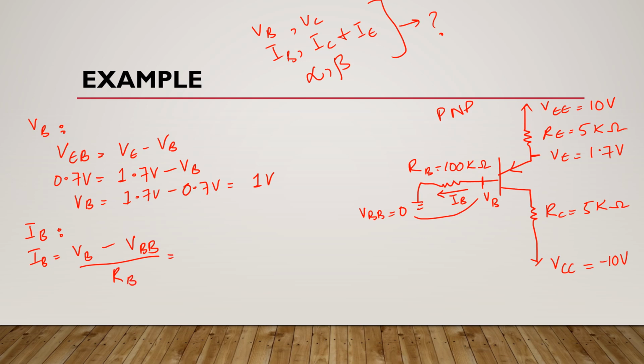Here we know that this VB is 1, this VBB is 0 and this RB is 100 kilo ohms. It means this base current is 1 into 10 raised to the power minus 5 amperes. Okay, so this is your base current.